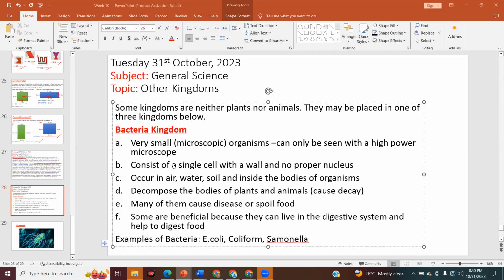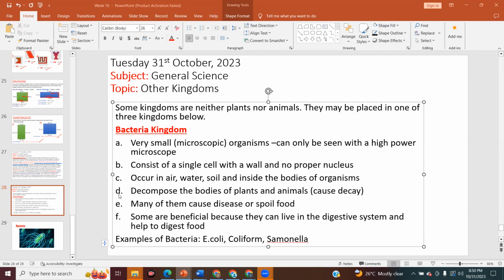Give me an example of a bacteria. E. coli. Very good.